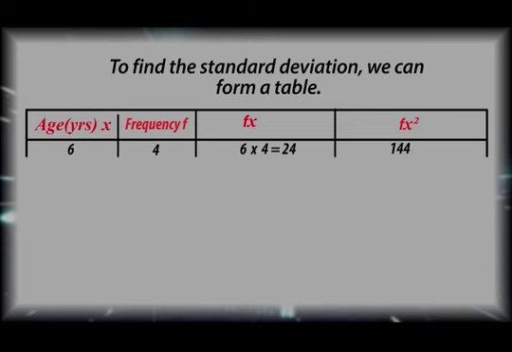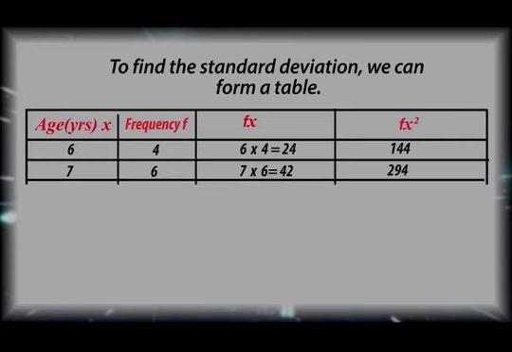So from the table, the first age is 6, frequency is 4. Under fx, we have 6 times 4, which is 24. And then under fx squared, we have 144, which means we are multiplying 4 by 6 squared. The next age is 7.